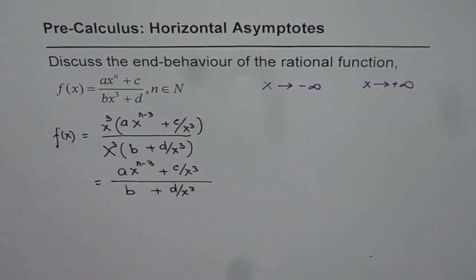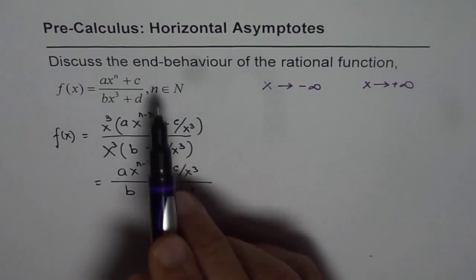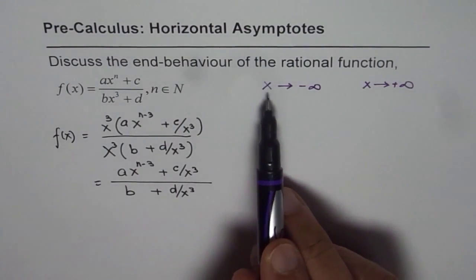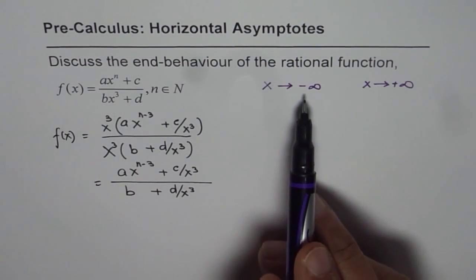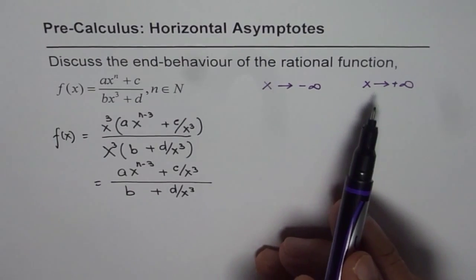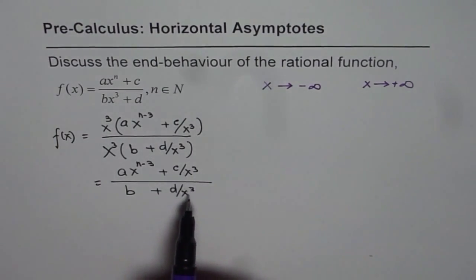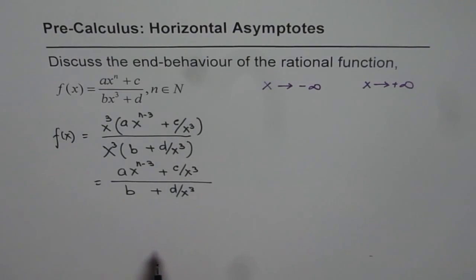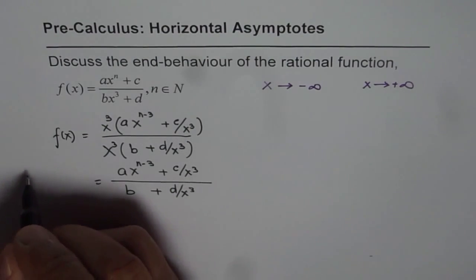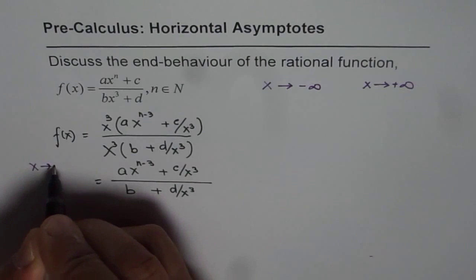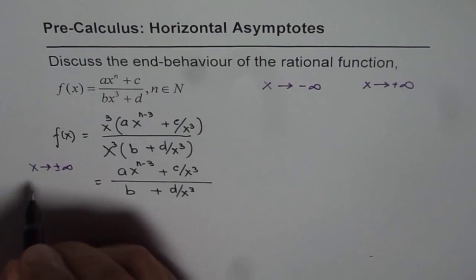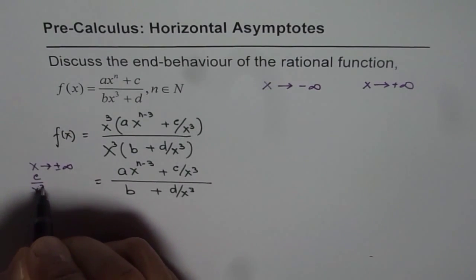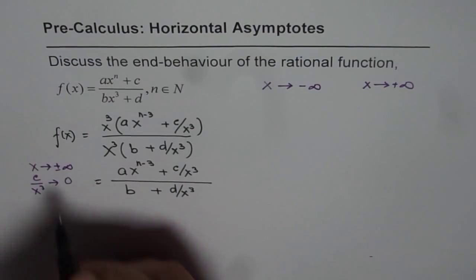Now when we are talking about end behavior, we are saying x is a very large number. It could be negative or positive. Now if x is a very large number, then what happens to c over x cubed and d over x cubed? Think about it like this. If x is plus or minus infinity, then c over x cubed should be what? I think it will approach 0, right?